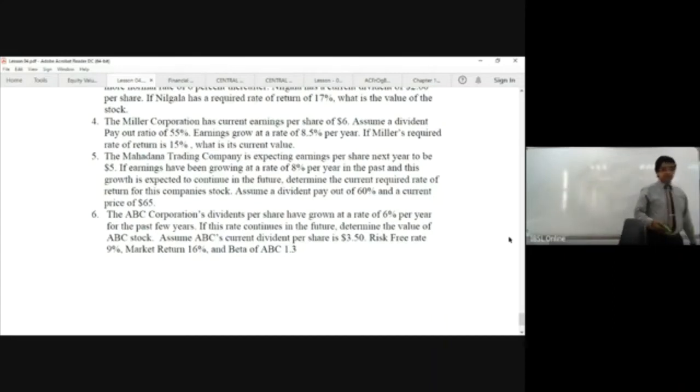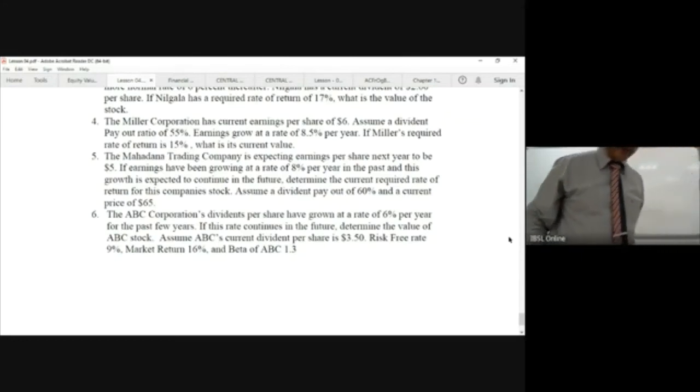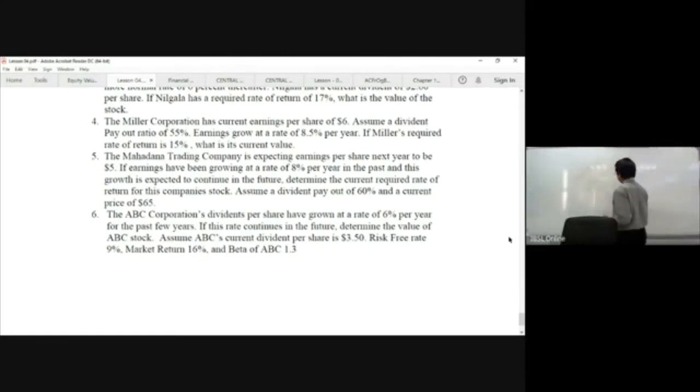Now, as a rule or as a habit, you need to develop the habit of jotting down the information available in your sheet. Now, ABC Corporation dividends per share have grown at a rate of 6%, so we can say G is equal to 6%. Then again, it says if this rate continues in the future, determine the value of ABC stock. Assume ABC's current dividend per share is 350. So that is D0. D0 is 350.